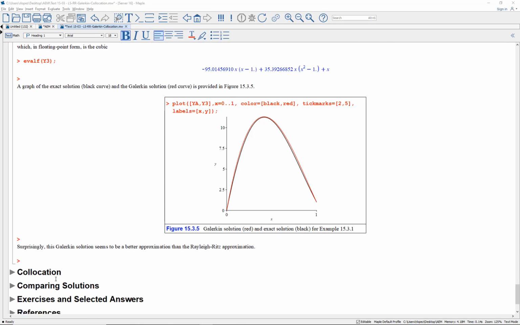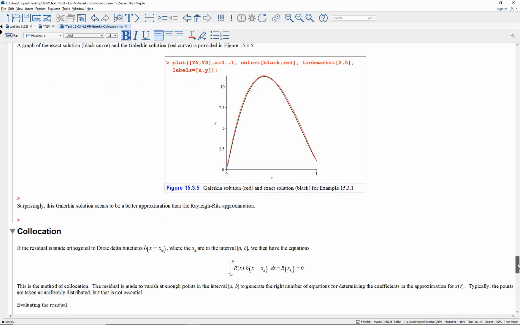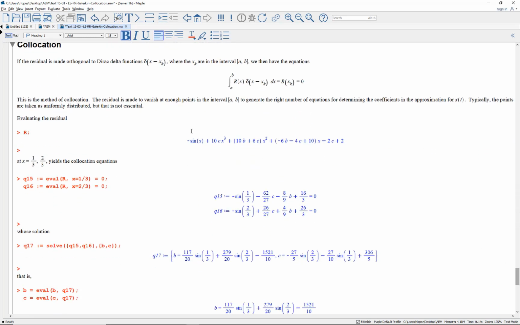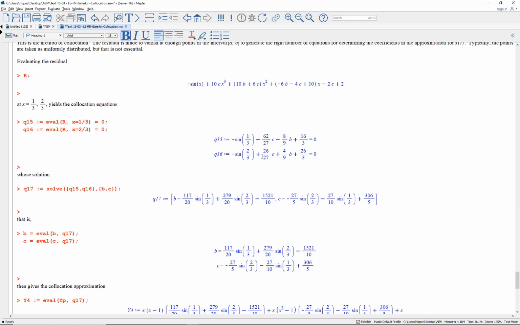So what's this collocation technique? What do we make the residual orthogonal to in the collocation technique? Well, we make them orthogonal to these delta functions, which means we are simply evaluating the residual at fixed points. Here I've chosen equispaced points. Evaluate the function at these 2 points.